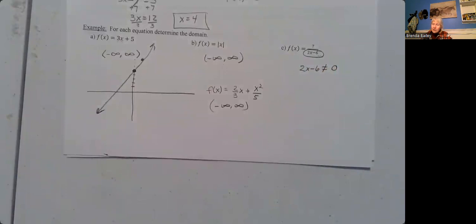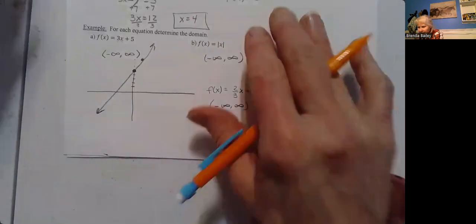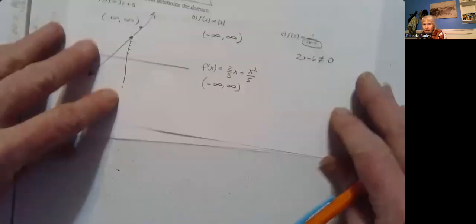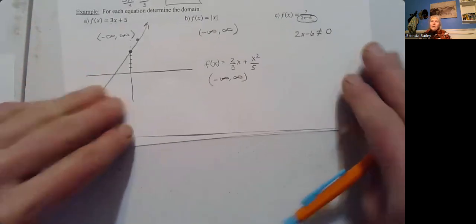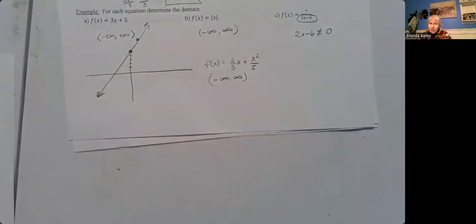This is one of our limits of our domain. I don't think I did a radical. So for right now, that's all you have to remember: the denominator for the domain cannot be 0.